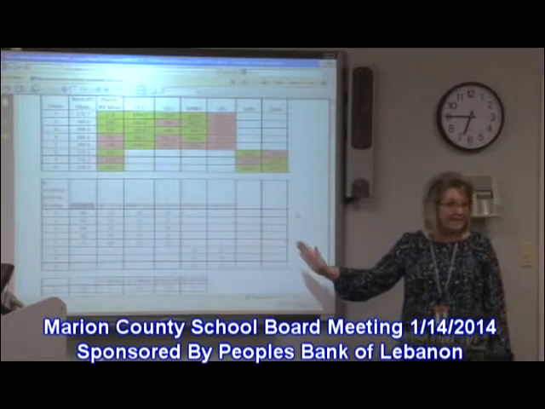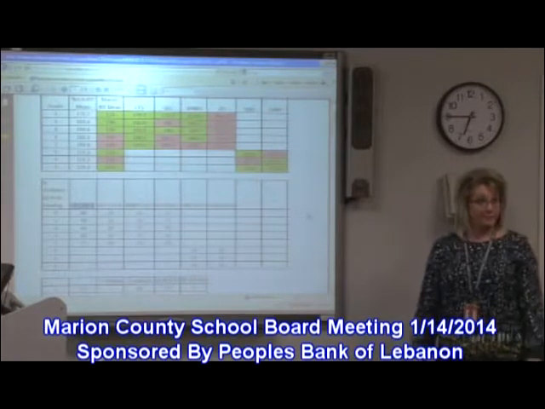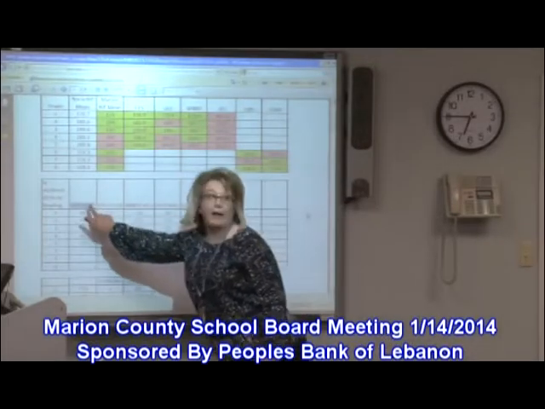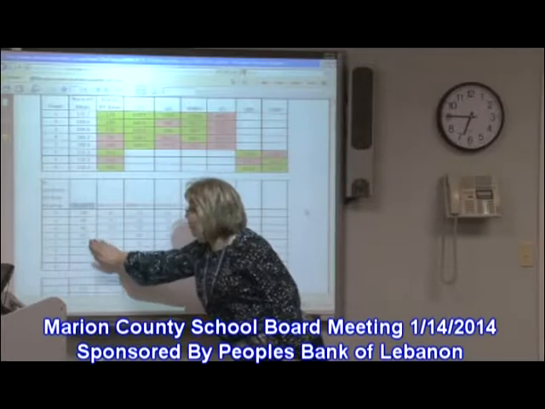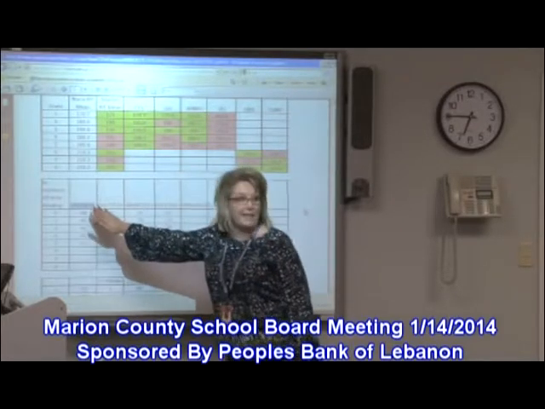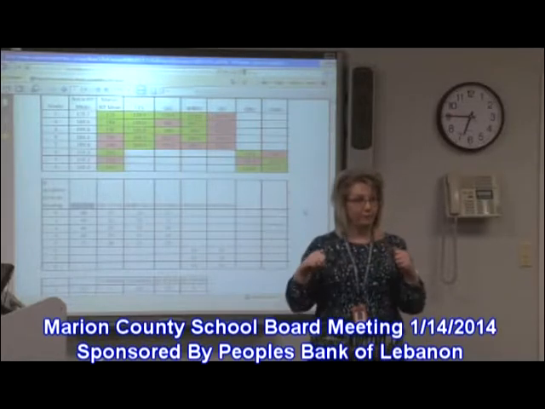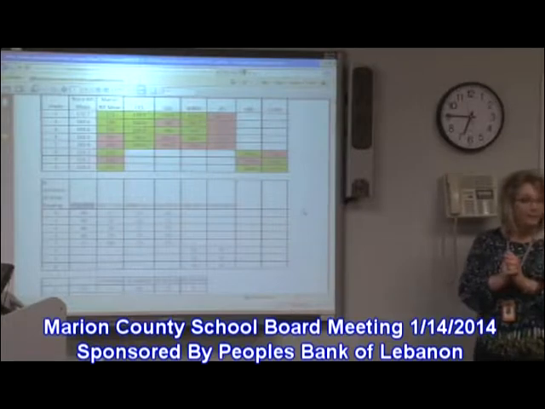It's not anything in stone. It's just us looking at data and making a prediction. Yes? That's not a state goal. This 69.5 is a state goal. These numbers are just our best guess to say where are we at now, so we know how much further we need to go between now and the end of the school year.